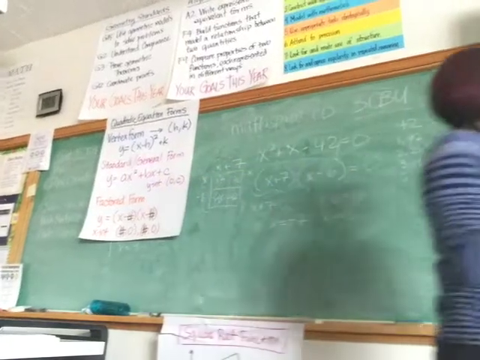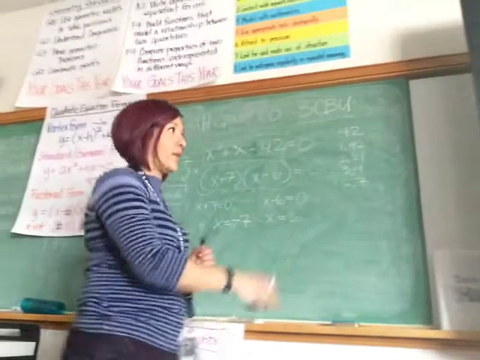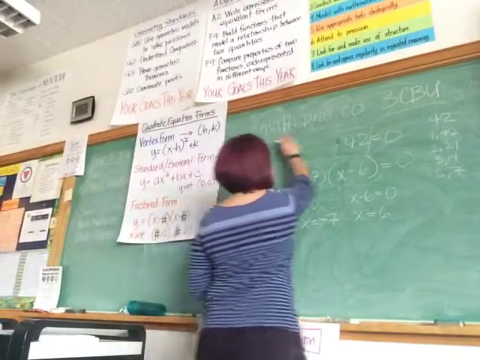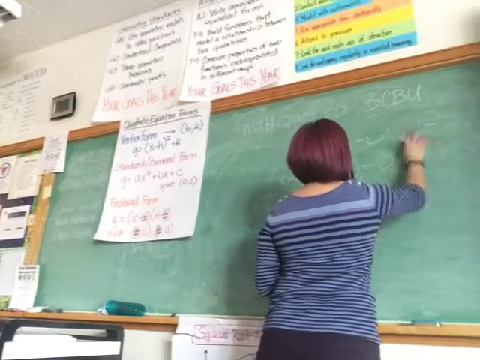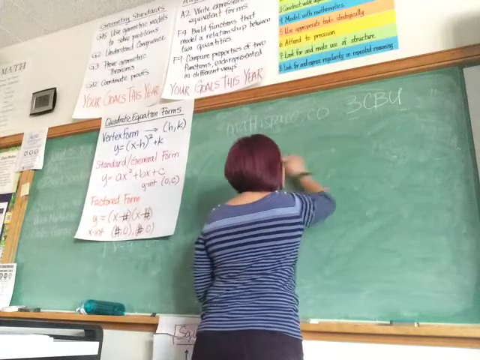Okay? So taking a look at this, the basic gist of completing the square is you're trying to get it in this particular format: x plus or minus a number in parentheses, squared, is equal to a number. Does that make any sort of sense?